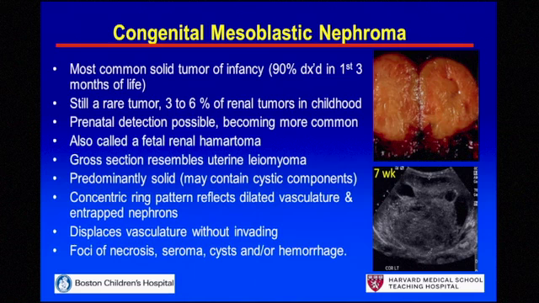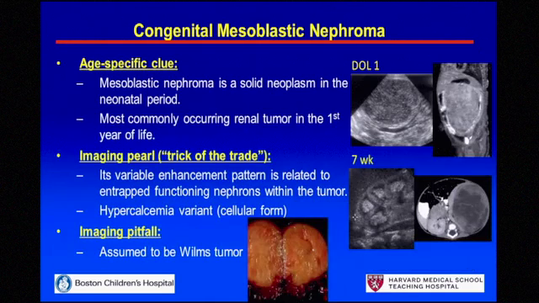The concentric ring pattern reflects the dilated vasculature and entrapped nephrons. The vessels tend to be displaced but not invaded. You can get foci of necrosis, seromas, cysts, and hemorrhage sometimes, but primarily these are solid appearing masses.